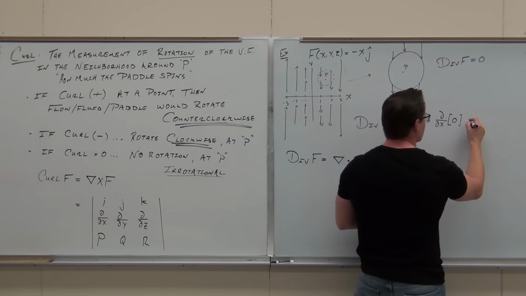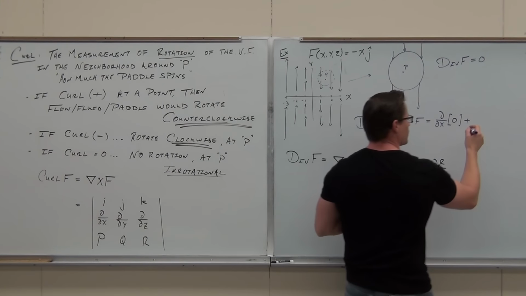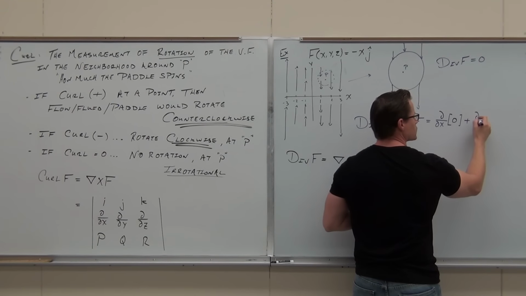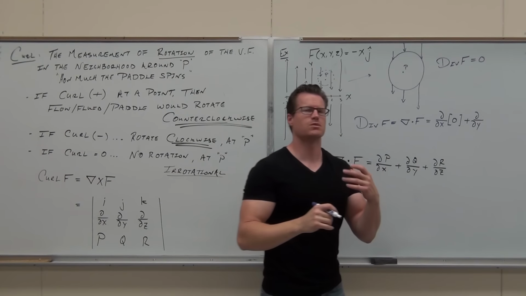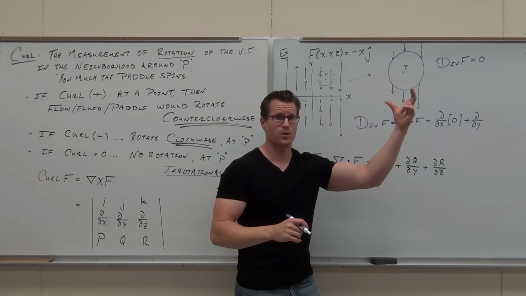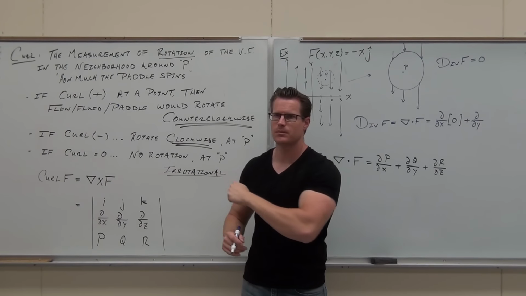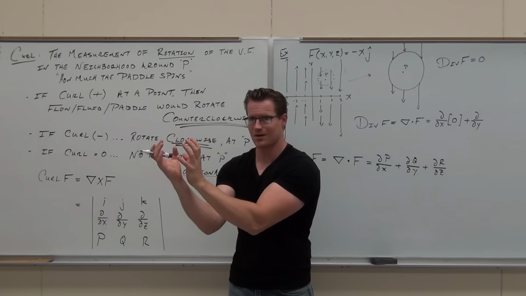That's not what's happening. Plus, the next one is relevant. What's the next one? Partial derivative with respect to what, please? I want to write them out for right now so that we see where this stuff is coming from. The partial derivative of the y component. What's the y component? J. The j is going to give us the y component. Negative.